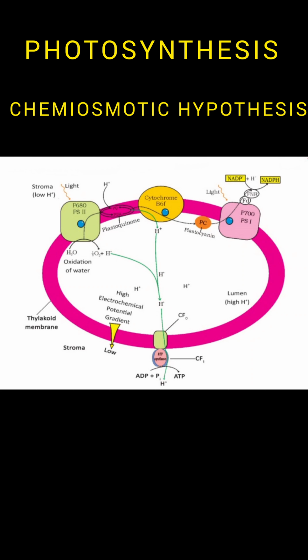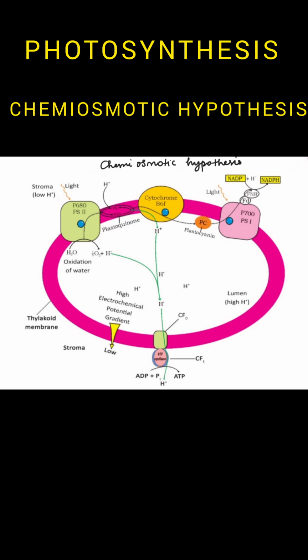Today we see a small topic from photosynthesis where most students have a clear confusion. That is the chemiosmotic hypothesis. So, what is called the chemiosmotic hypothesis? The chemiosmotic hypothesis explains how ATP and NADPH are generated.